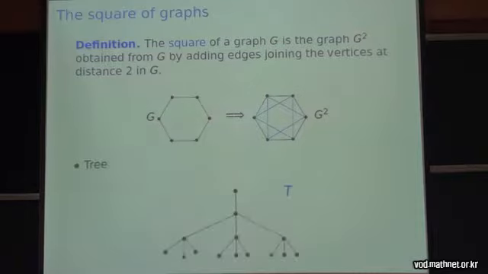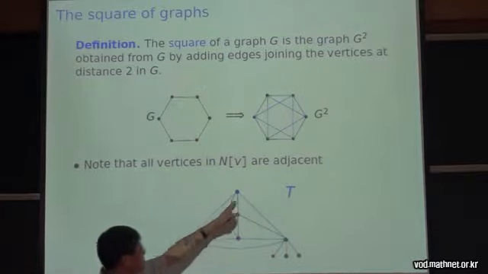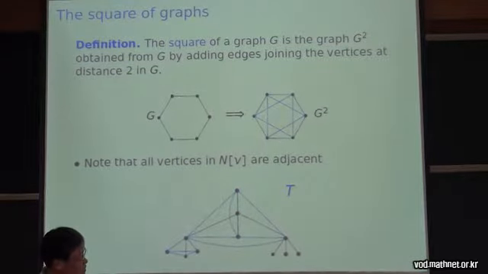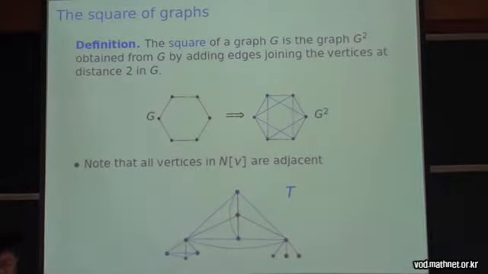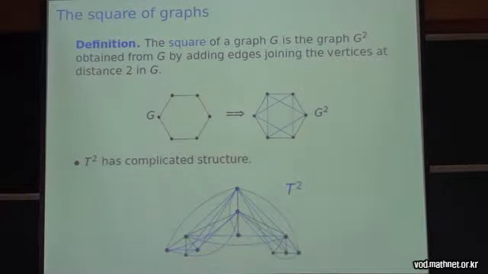And here is a tree. A tree is very simple, but the square of this tree can be very complicated. These vertices have distance 2, so they become adjacent. But this is not the final stage yet. And then, all right.